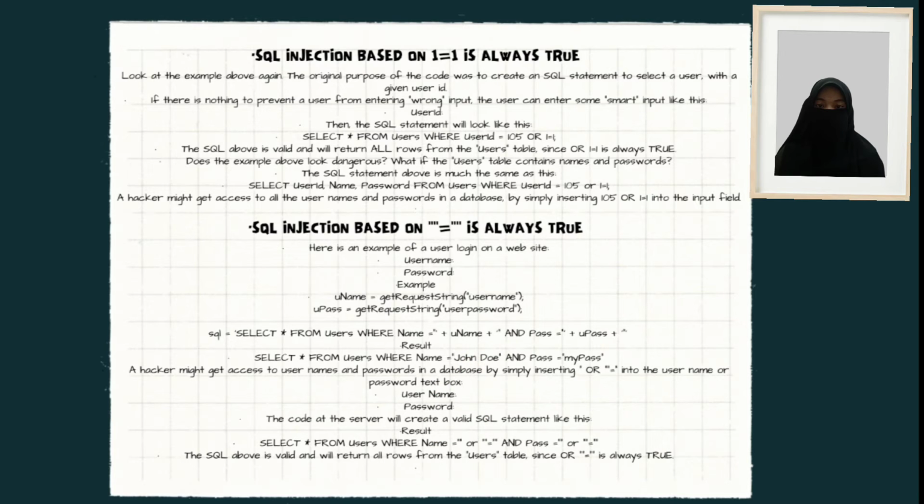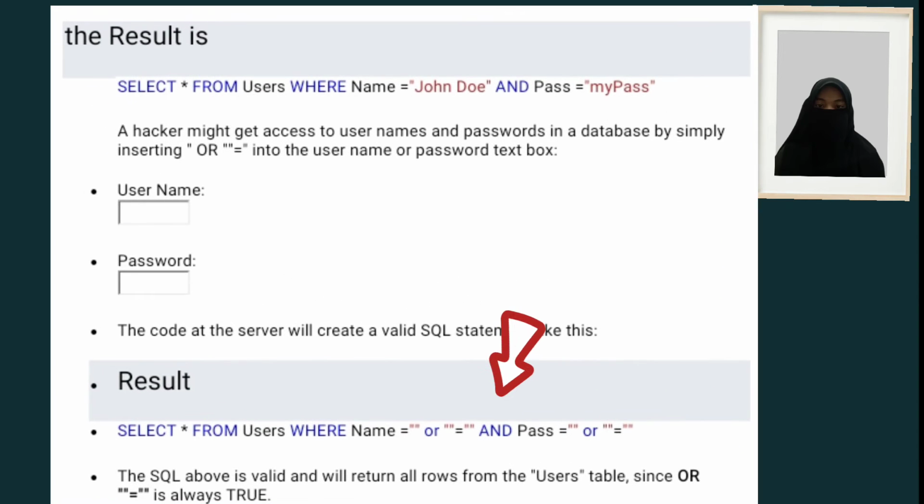The code at the server will create a valid SQL statement like this. As a result, the code is valid and will return all rows from the Users table, since ""="" is always true.